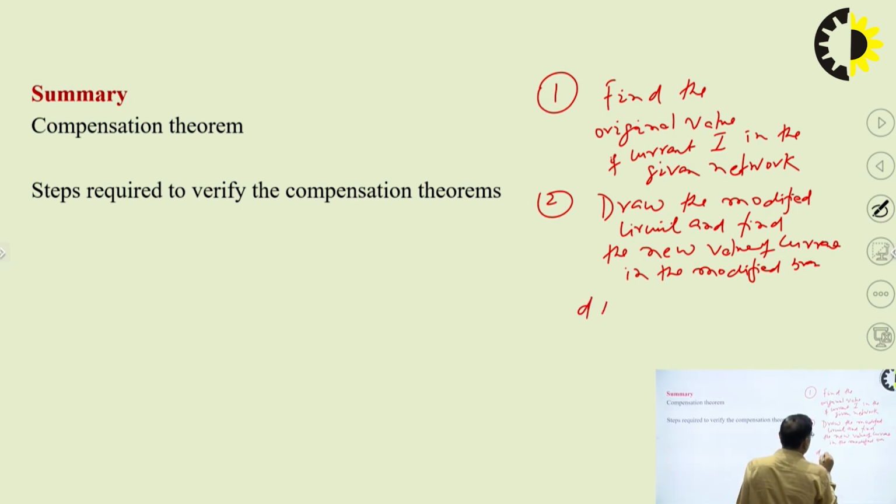Then take the delta I, say this is I dash, so I dash minus I.